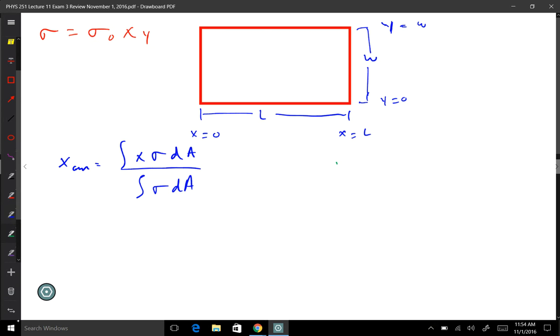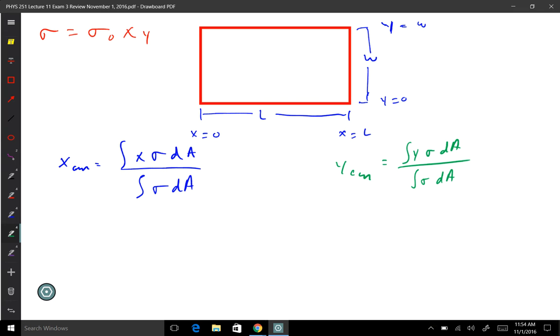And the y center of mass is equal to the integral of y sigma dA over the integral of sigma dA. So let's break these things down to make them as easy as we can.